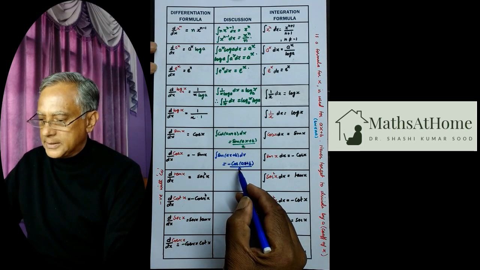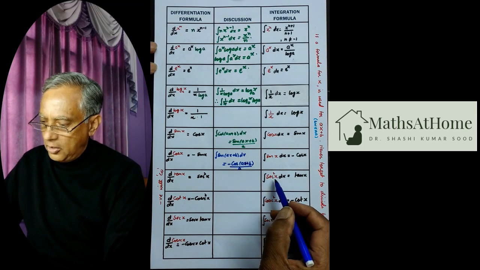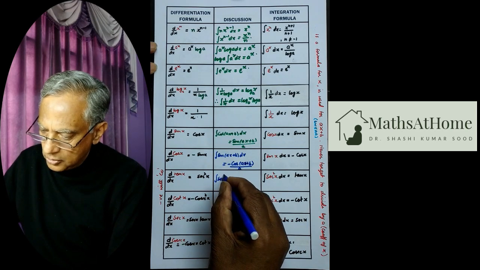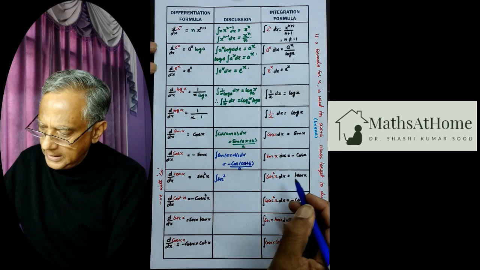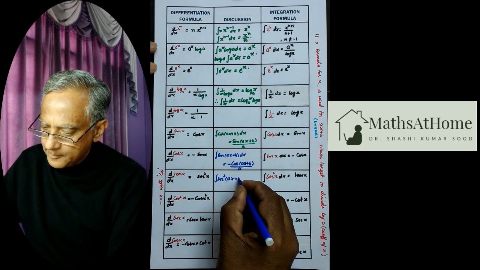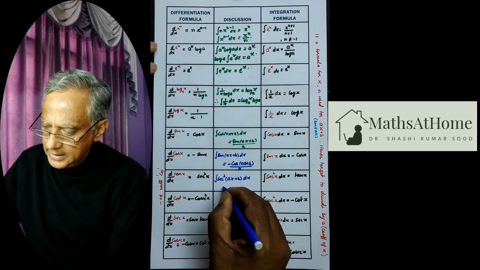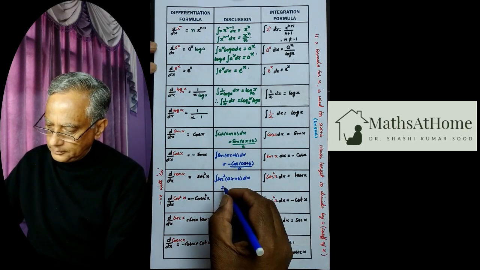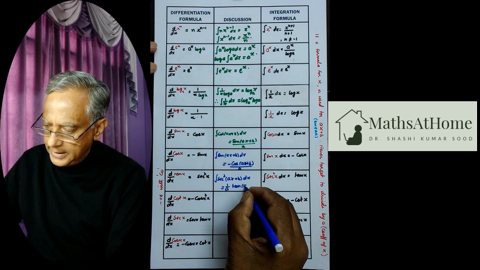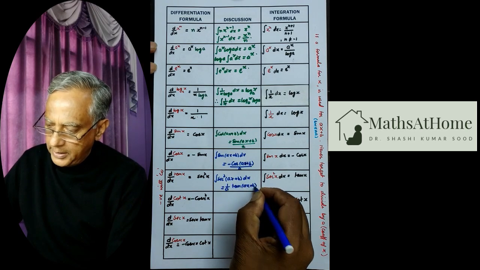We must divide the result by a. Integral of secant square x is tangent x. So integral of secant square (ax + b) dx will be equal to 1 by a tangent of (ax + b).